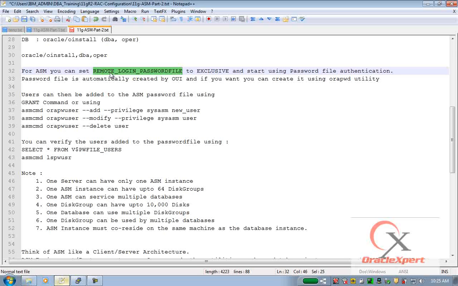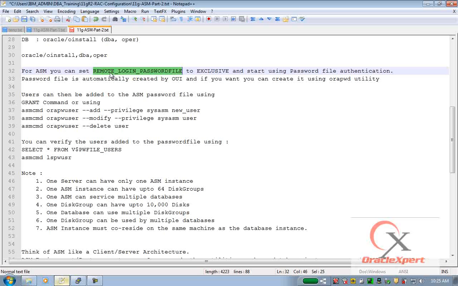Now, one good thing about ASM is if you are not a SQL*Plus freak, then you can also use another interface provided to you, that is ASMCMD. ASMCMD is the command line utility provided for ASM administration. Whatever is possible using SQL*Plus, almost all those activities can also be accomplished using the ASMCMD command prompt.